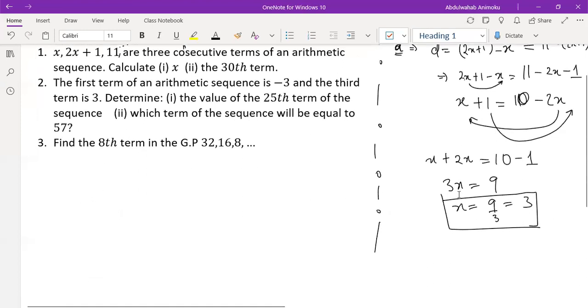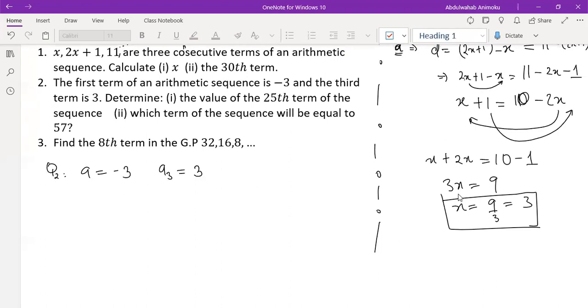The second problem states that, Q2, the first term of an arithmetic sequence is minus 3, and the third term, which is A3, is 3. The first question is to determine the value of the 25th term. We need to find A25. I think this is also very easy, from the equation of the nth term.